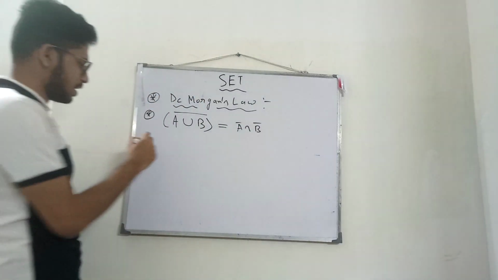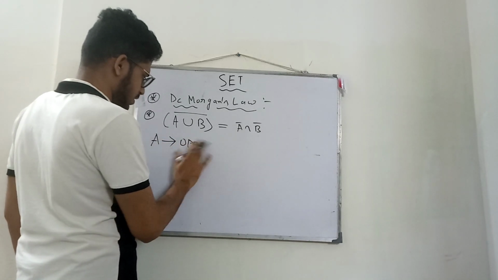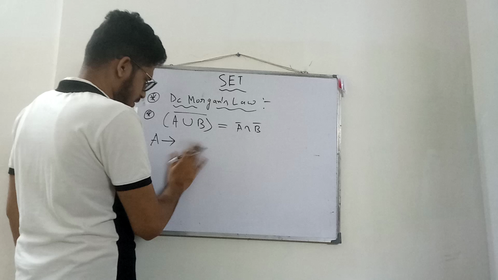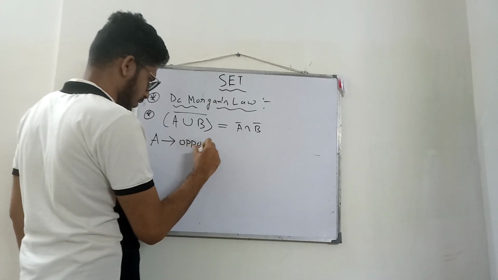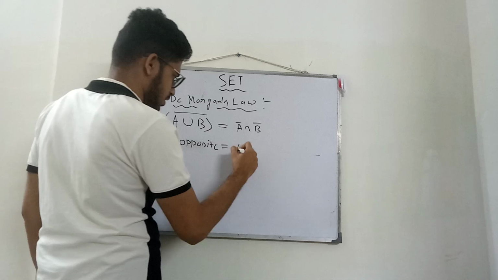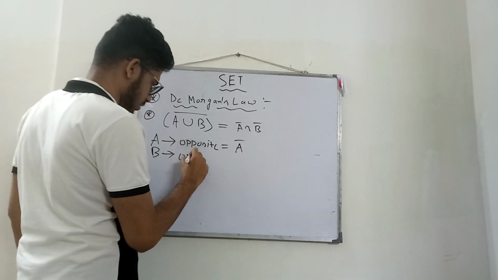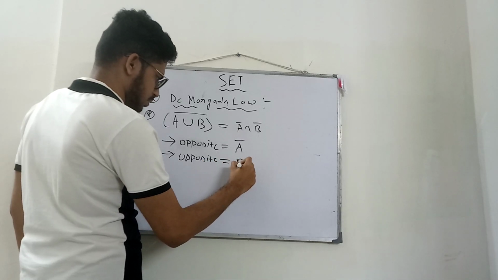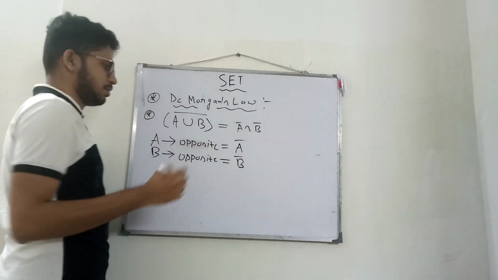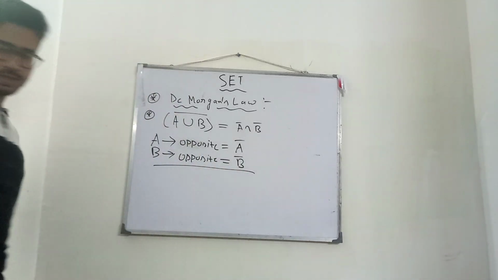A bar means its opposite, B bar means its opposite. So this is how we can write it: A bar intersection B bar.